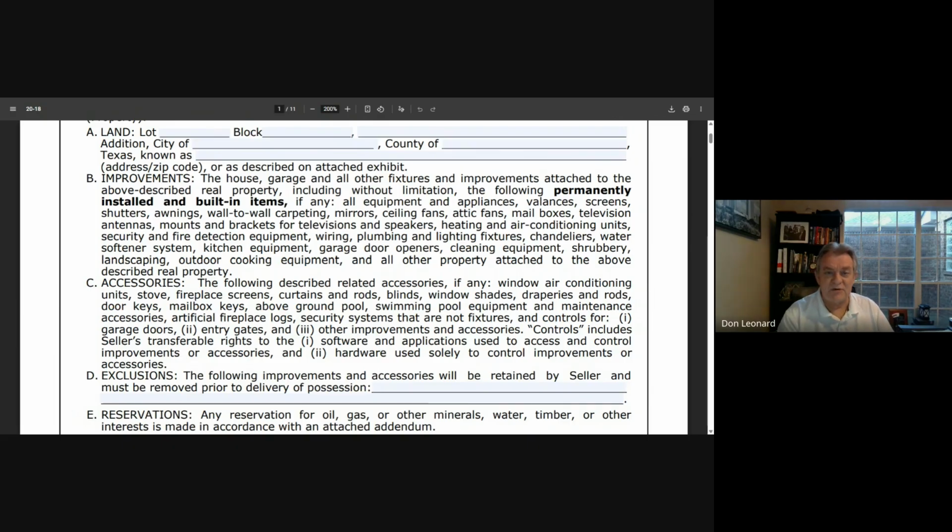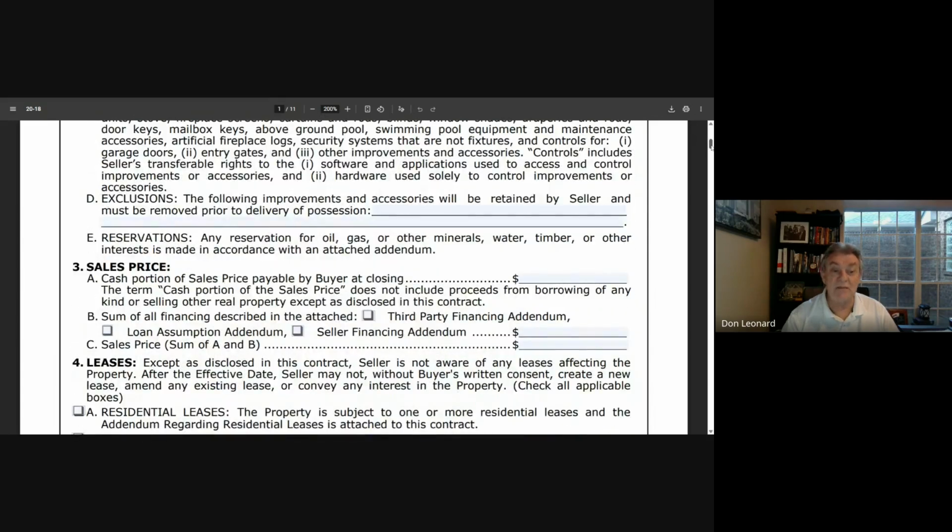And then E, reservations. This has to do with minerals most of the time in regular residential real estate. We're not going to run into that as an issue. We're not going to have mineral rights that we need to negotiate. But if we do, the way we negotiate that is through an addendum called the reservation of oil, gas, and other minerals.